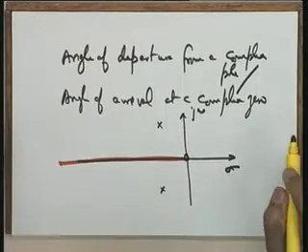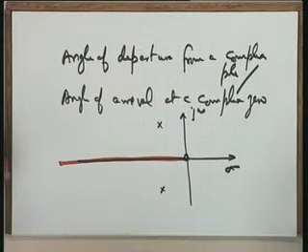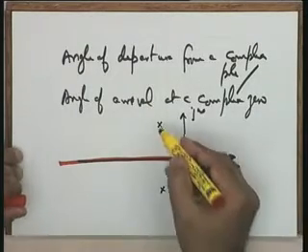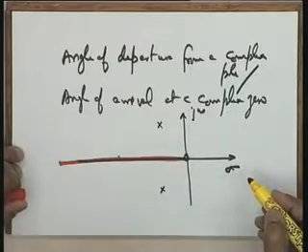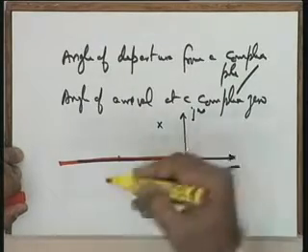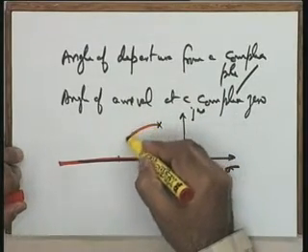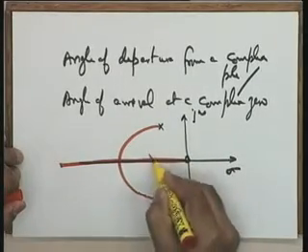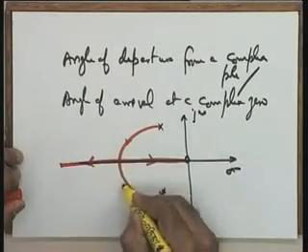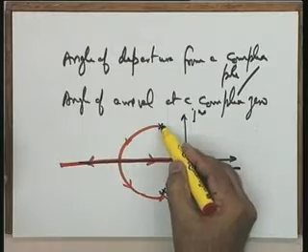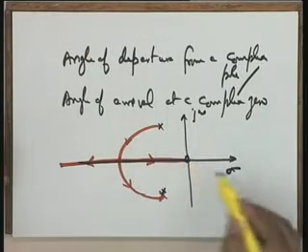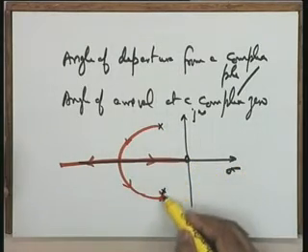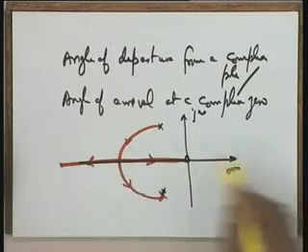And if you apply your rules for break away or break in, you will find that there is a break in point over here, and the root locus starting over here breaks into the real axis, and these are the two root locus branches, one going this way and terminating at the zero, and the other going this way and terminating at infinity.